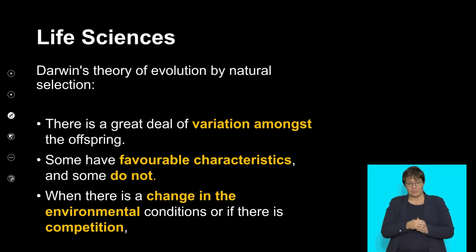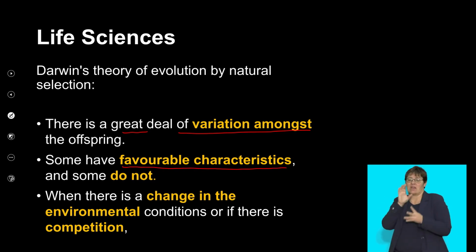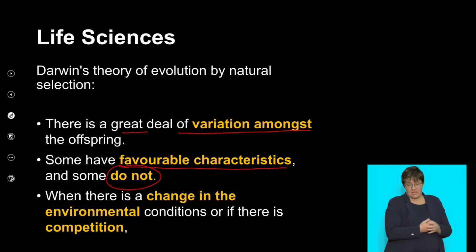So as we wrap this segment up, Darwin's theory talks about the great deal of variation amongst the offsprings, and that we know that some of these give individuals favorable characteristics, whereas others do not. And we've seen that the light-colored mice do not have that feature.